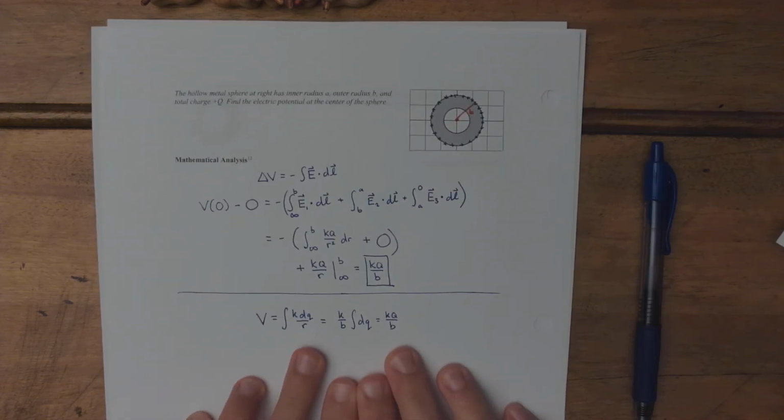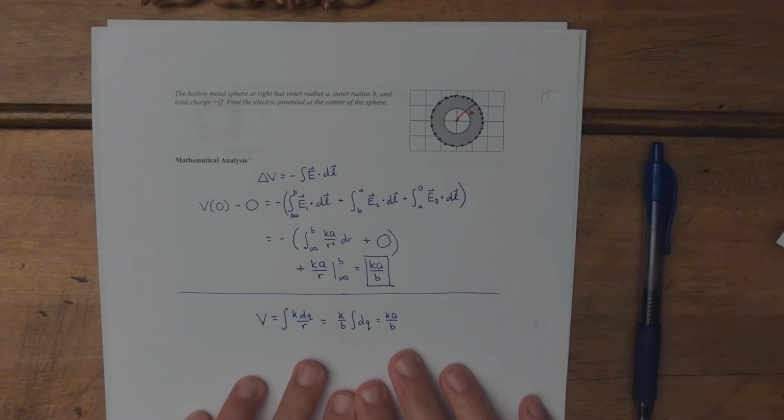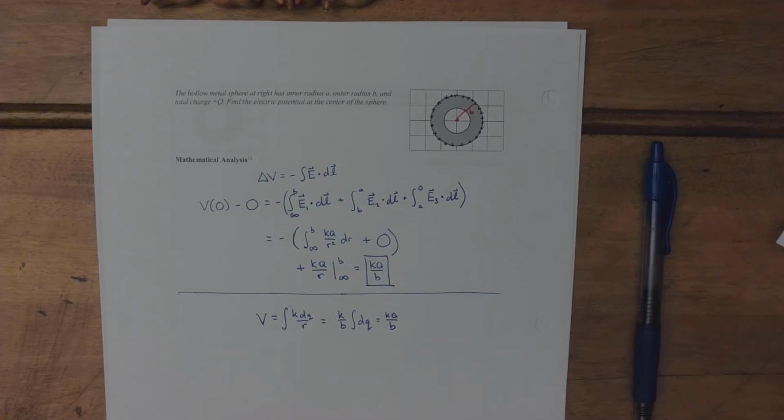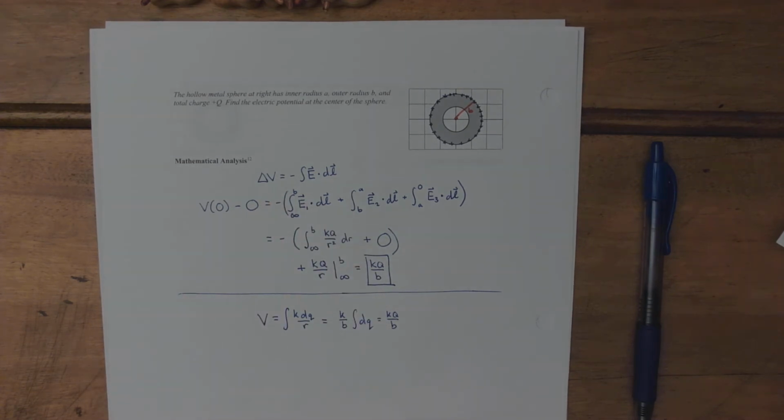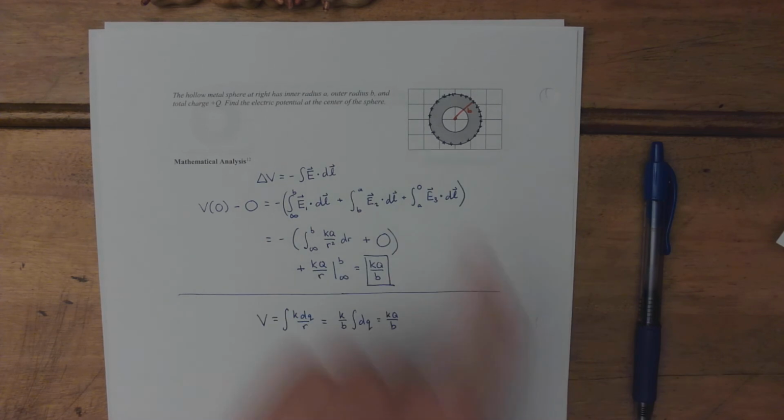Okay, so it works, but you have to think about what's actually going on if you want to use the equation this way. The other thing that I would point out is that I think this solution is actually more useful because let's suppose our point of interest wasn't at the origin, which would be the center of the sphere.